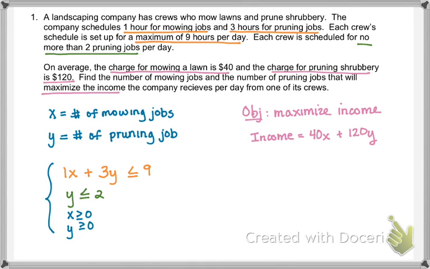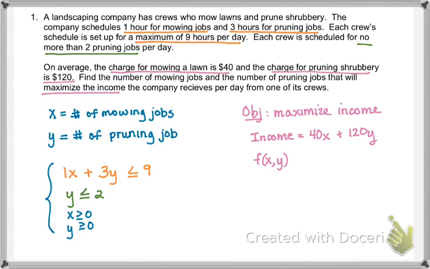All right, the only thing we have to do here is write our objective function, our rule, in function notation. So we replace the word income with the mathematical notation f of x comma y if you want, because the function depends on x and y.